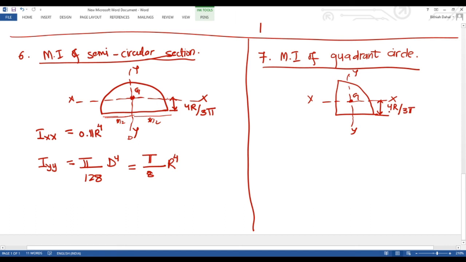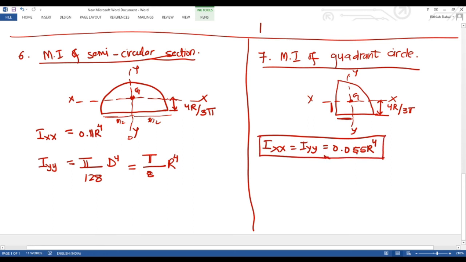And my moment of inertia about Ixx and Iyy will be the same, because this distance and this distance here are now the same. So it will be equal to 0.055 r raised to power 4. So this will be your moment of inertia about Ixx and Iyy for a quadrant circle.